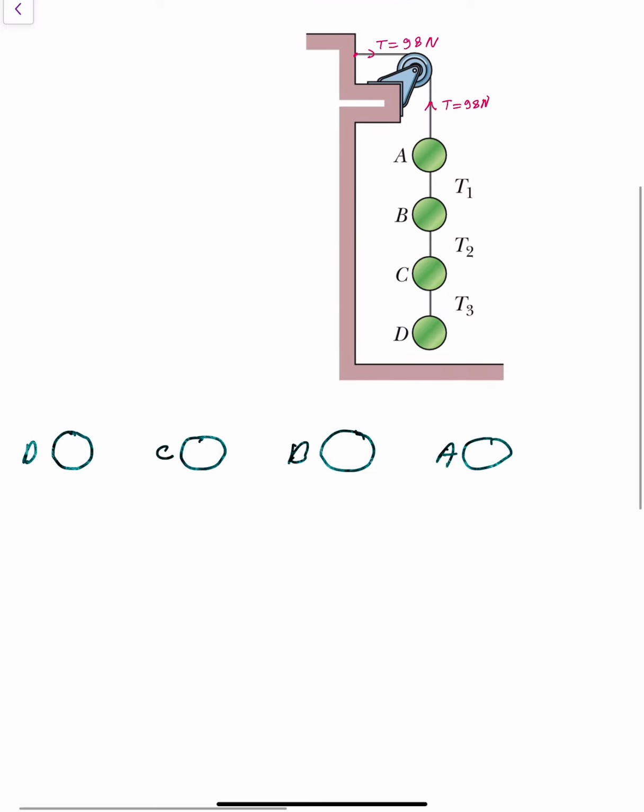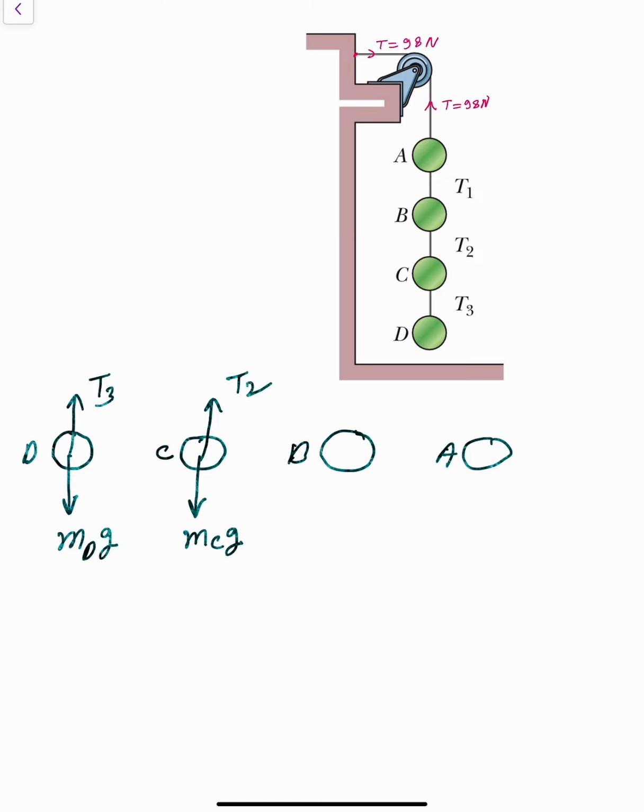If you make the free body diagram of disc D, the weight of disc D acts downward, so MD into G downward, and the tension in this string is T3. Now if you make the free body diagram of disc C, the weight is MC into G, and tension T2 upward, and in this direction tension T3.